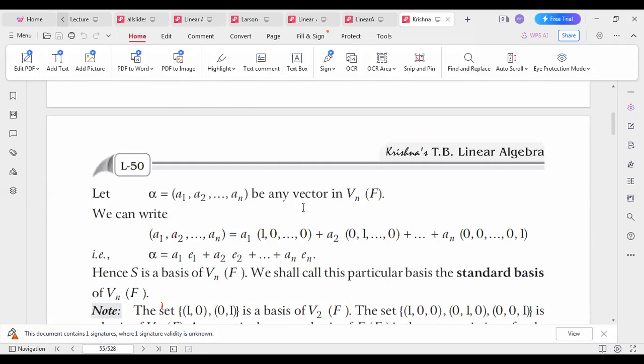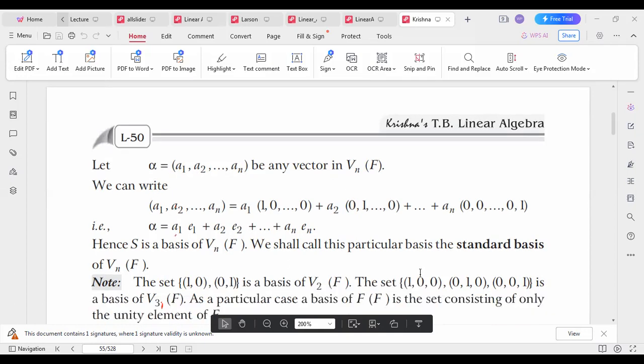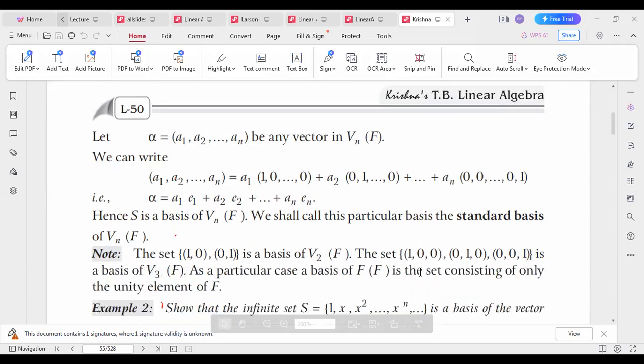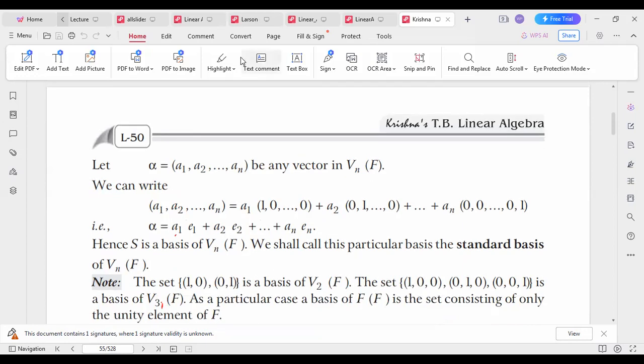So let alpha be any vector in the vector space. Then we can write (a1, a2, ..., an) equals a1 times the first vector plus a2 times the second vector plus dot dot plus an times the nth vector. That means alpha equals a1 e1 plus a2 e2 plus dot dot plus an en. And S is the basis of this. We shall call this particular basis the standard basis.